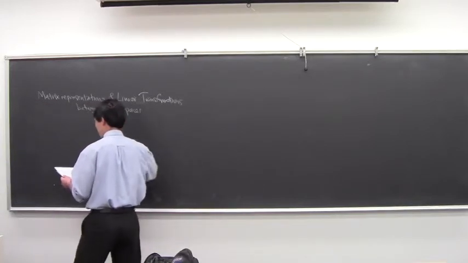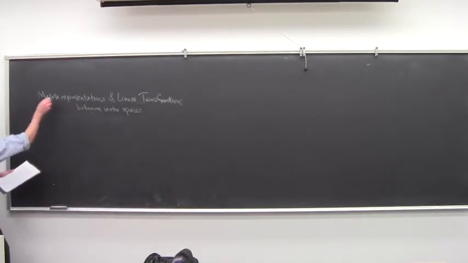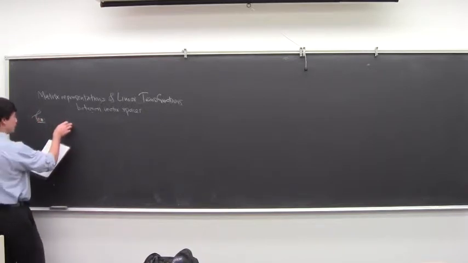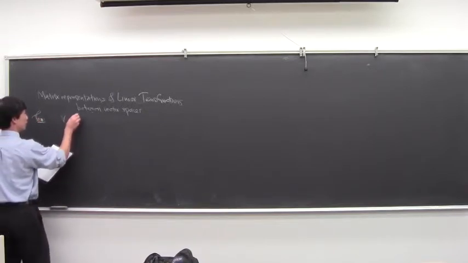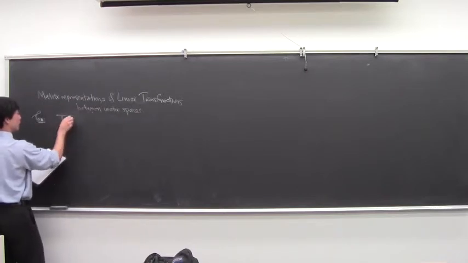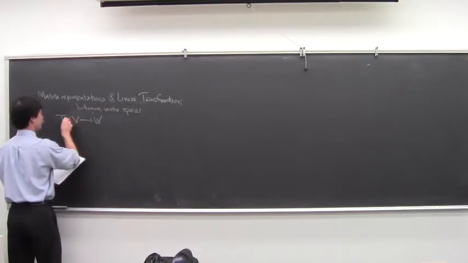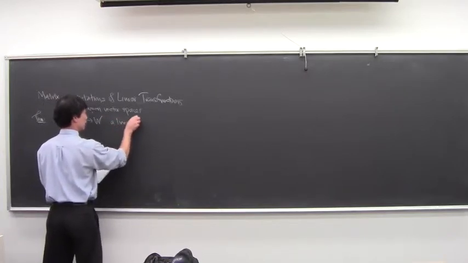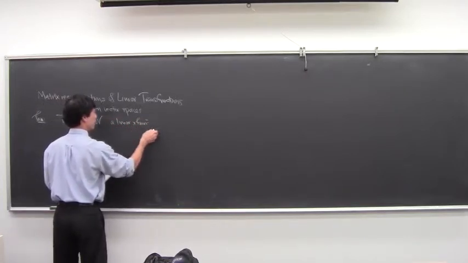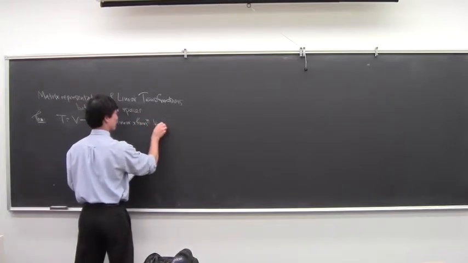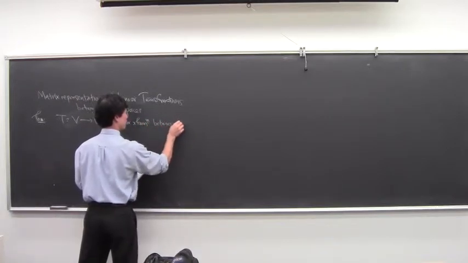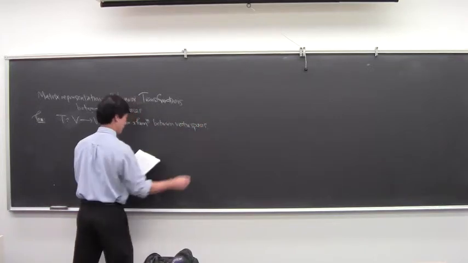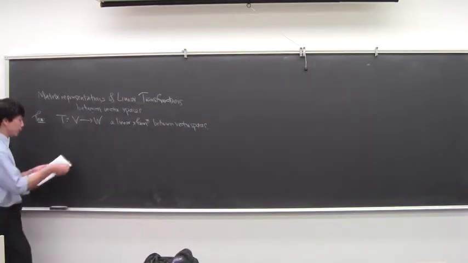No. Okay. So here is the statement of the theorem that will give us the matrix representations. You've got T from V to W, a linear transformation between vector spaces. And you have some bases.